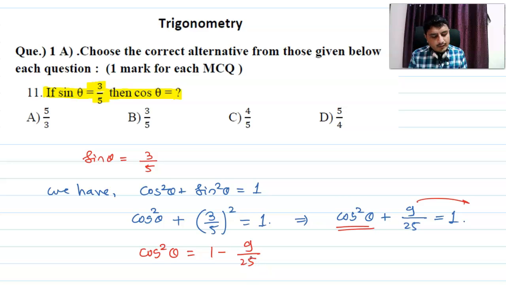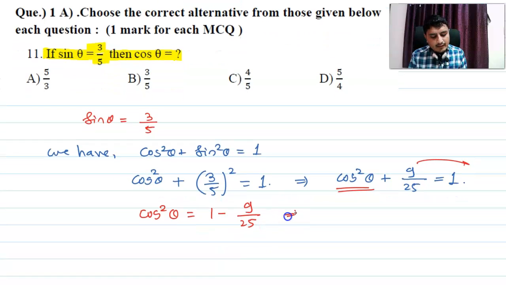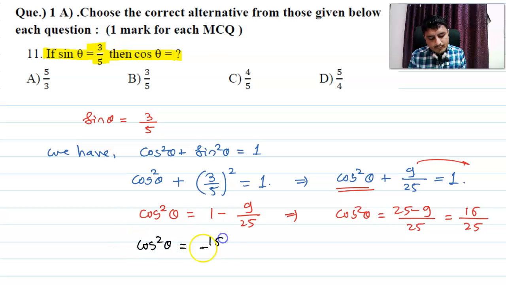Positive 9 by 25 becomes negative 9 by 25. So cos square theta equals 1 minus 9 by 25; doing the cross multiplication, we get 25 minus 9 divided by 25, which is 16 divided by 25. So cos square theta equals 16 divided by 25.